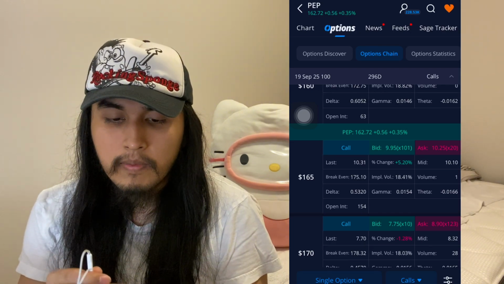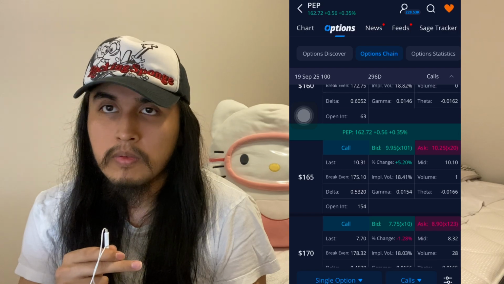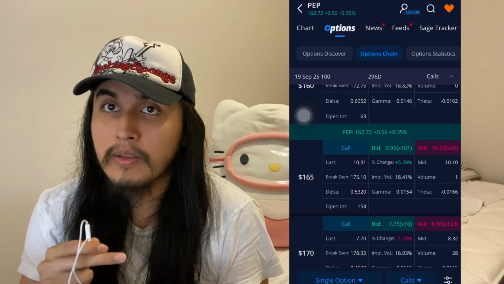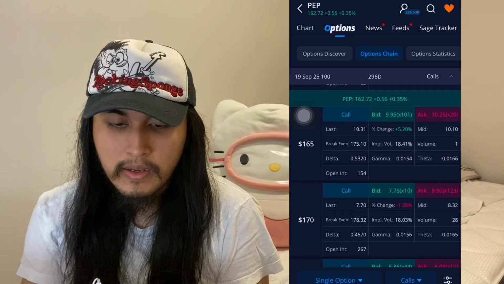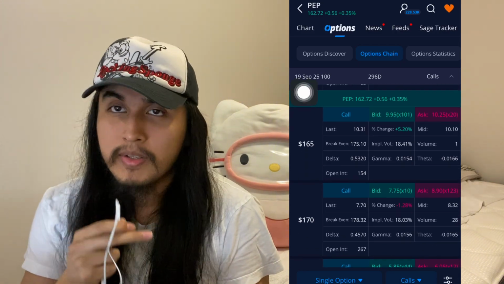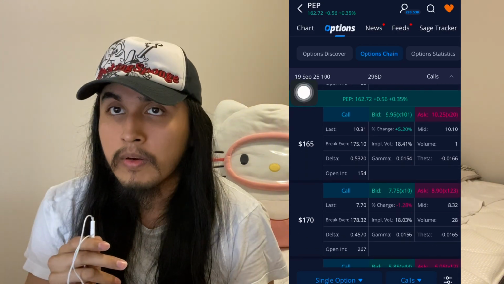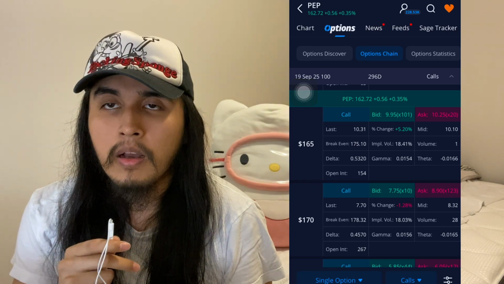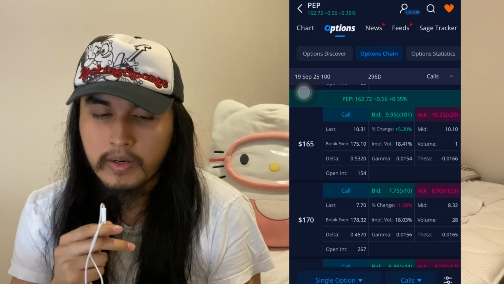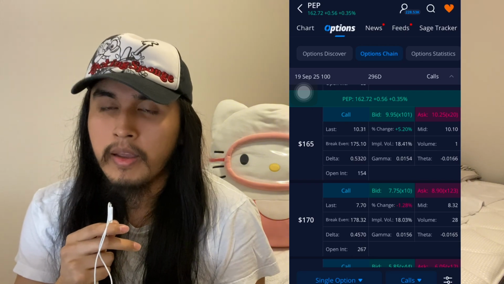So if 162.72 is the current price the stock is at, you want to buy the next strike that's above that number, which is 165, or whatever stock you're looking at. That's the strike price that you want to buy.